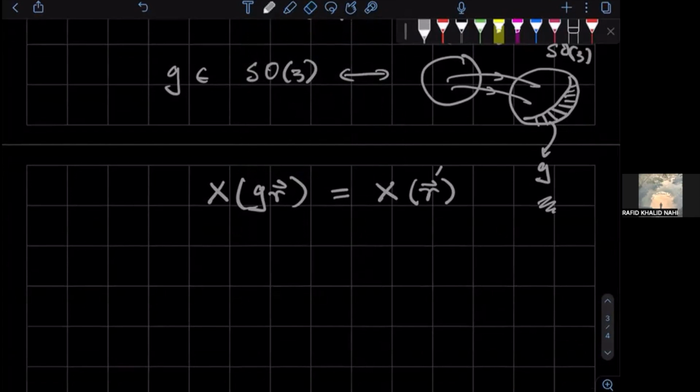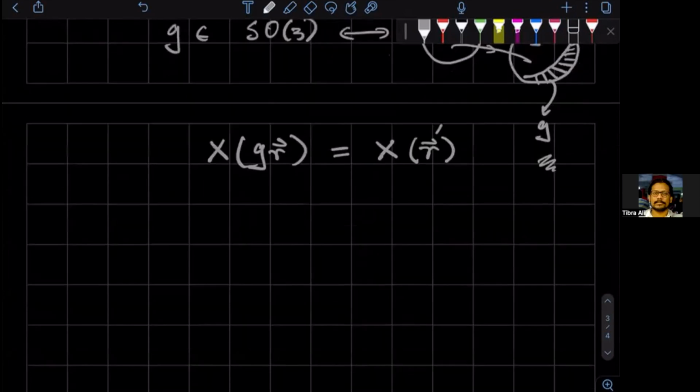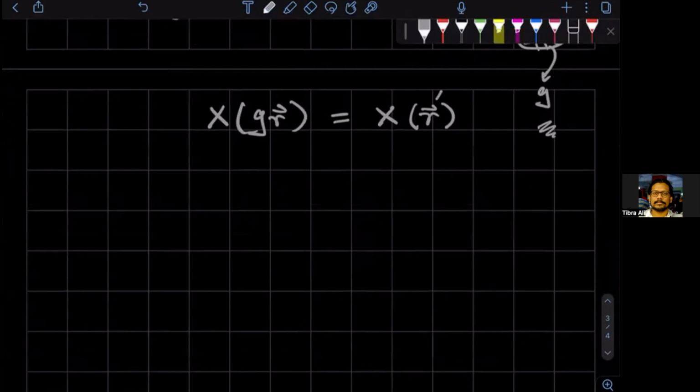Wait, sir, I'm a bit confused. R prime is different from R, right, sir? Yes, ideally. So even if G is not the identity, how can we say that this cannot happen if GR is not R prime? Right. I have not thought about it very carefully, but I think there are two things we can do.